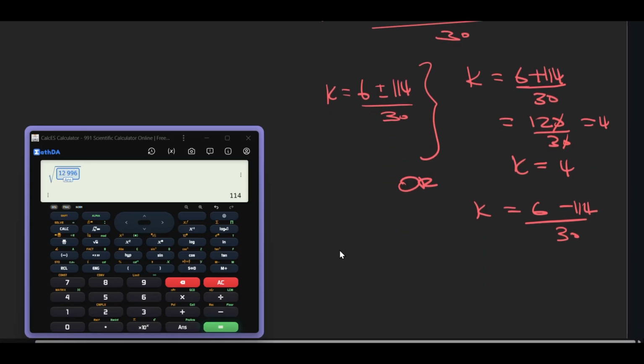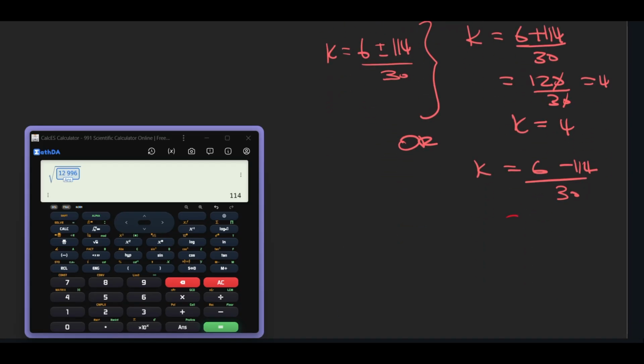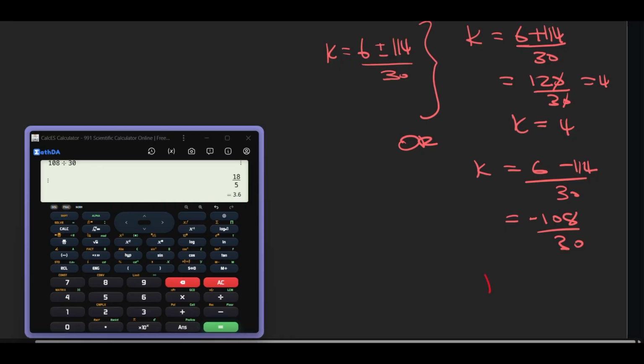So this is going to be 6 minus 114, which is negative 108 over 30. So let's do that real quick: 108 divided by 30. You can see the answer there is 18 over 5. So k is going to be negative 18 over 5.